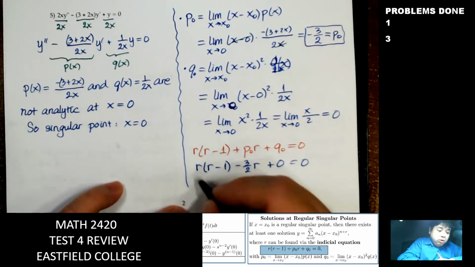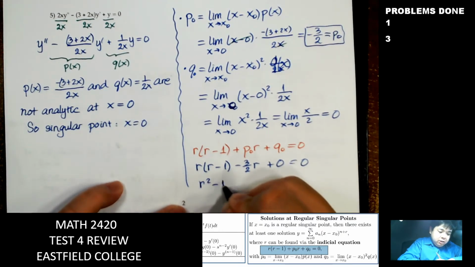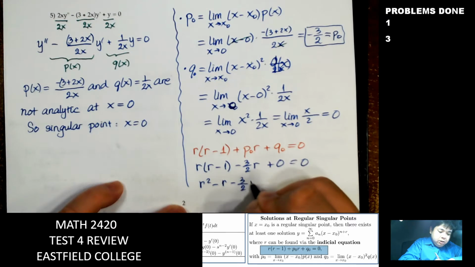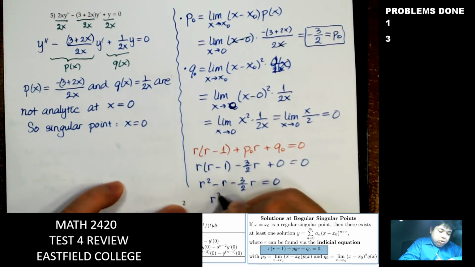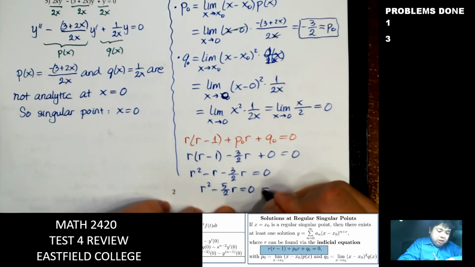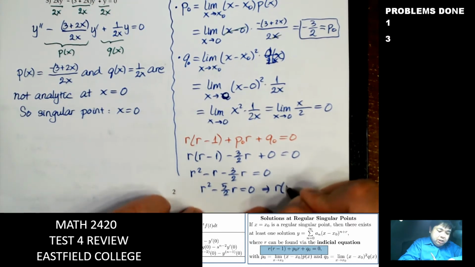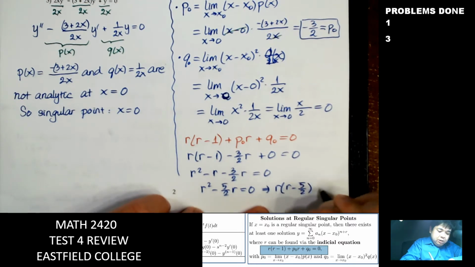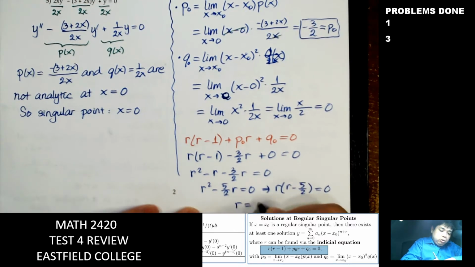That should be simple. So r squared minus 5/2 r equal to 0. Factor out r. So we have r equal to 0 and r equal to 5/2.